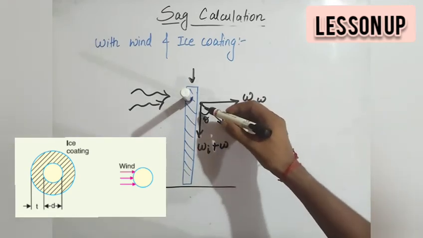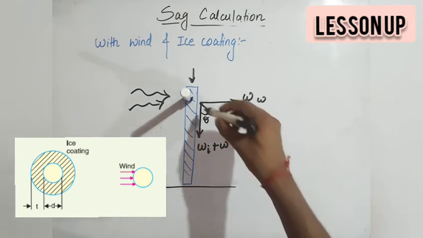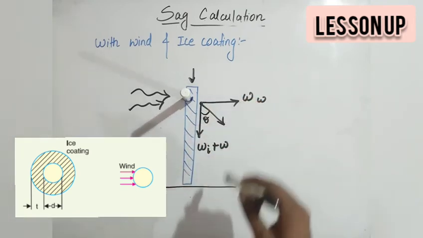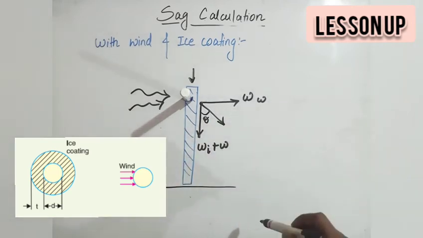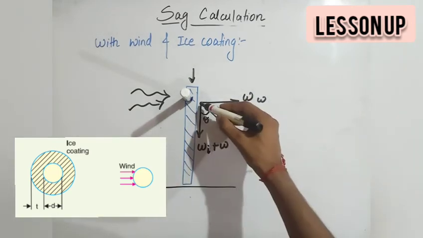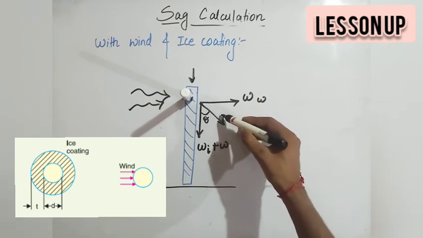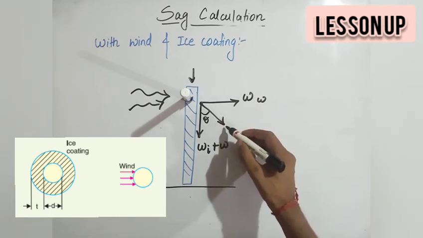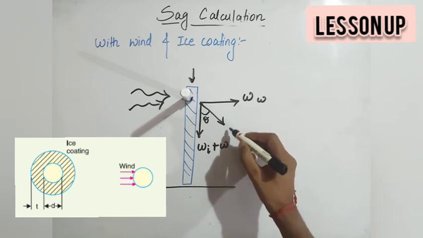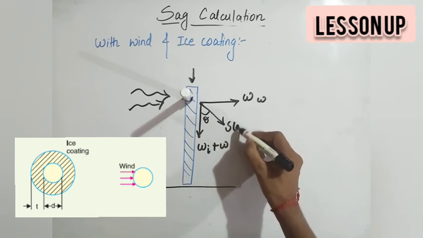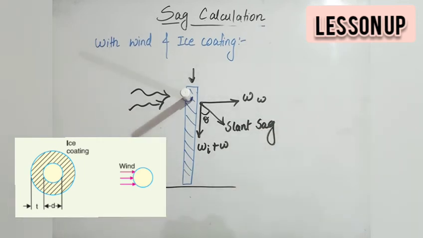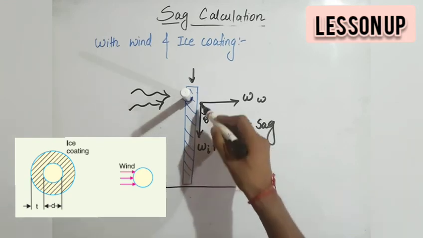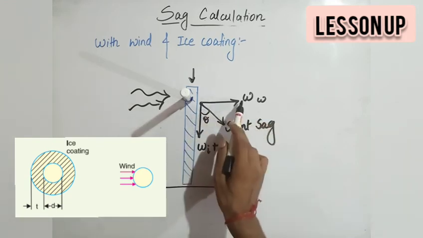We need to calculate the effective weight, because one weight is acting in the downward direction and another weight is acting in the horizontal direction. This will be the effective weight, and the sag calculated with this weight is called slant sag, which has two components, one vertical and another horizontal.